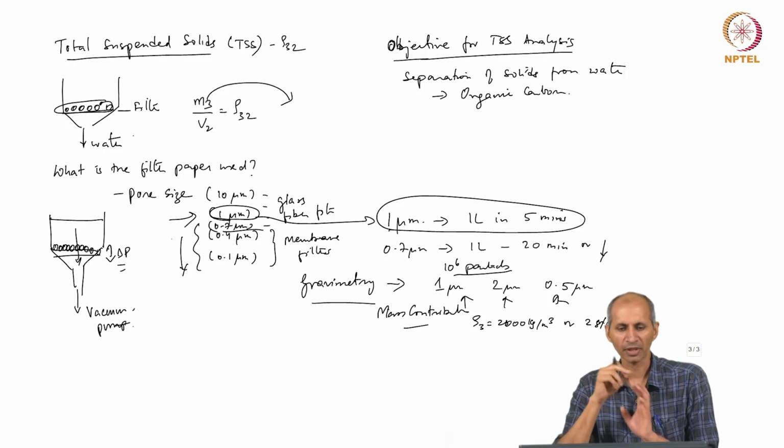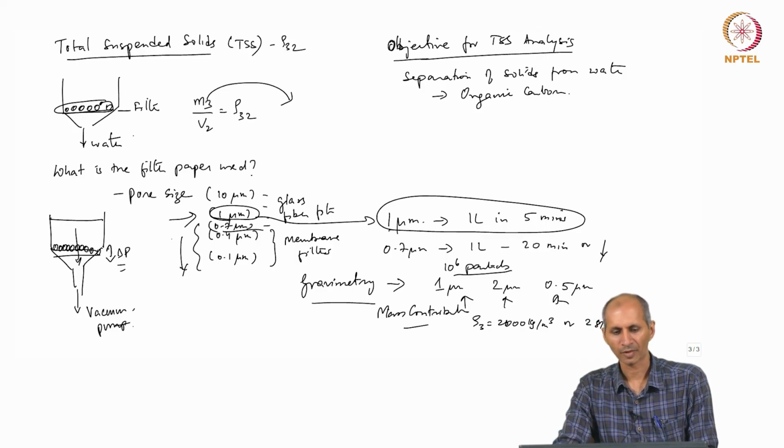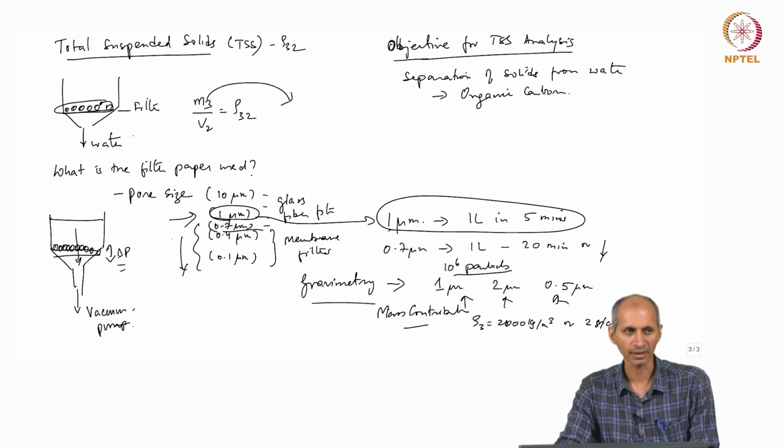Since the total suspended solids methodology is based on gravimetry, it does not really matter. Below 1 micron, you are not going to get any additional information, and you are going to waste your time trying to push the sample through. So 1 micron is set as the standard filter size for TSS.